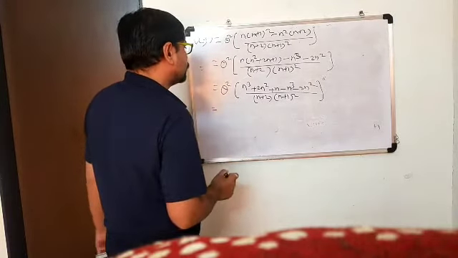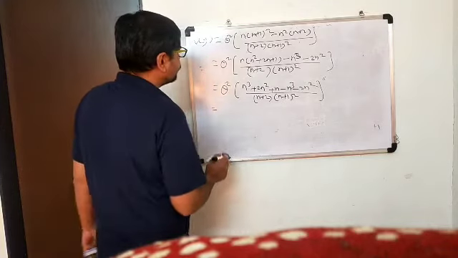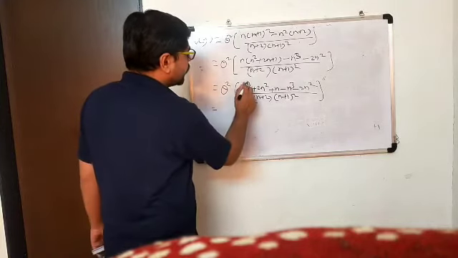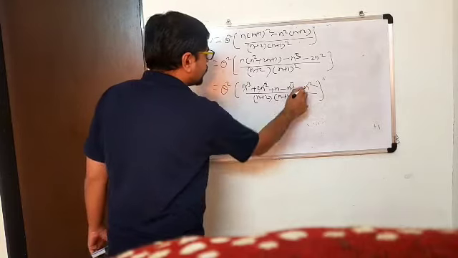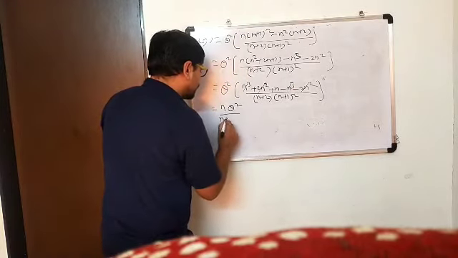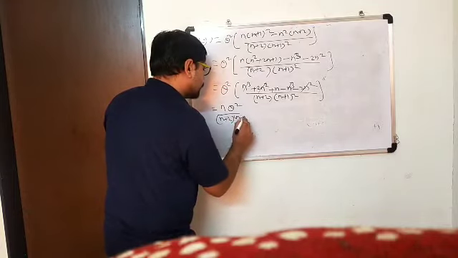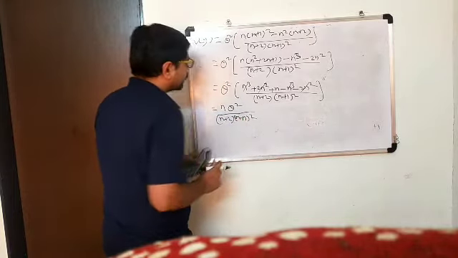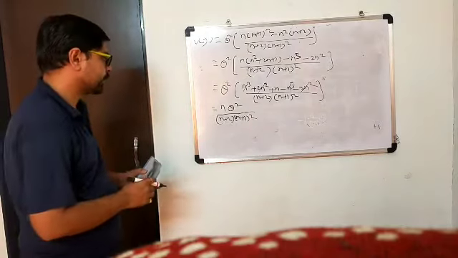So n cube gets cancelled, 2n square gets cancelled. So n into theta square divided by (n plus 2) into (n plus 1) bracket square. So this is the variance of y.